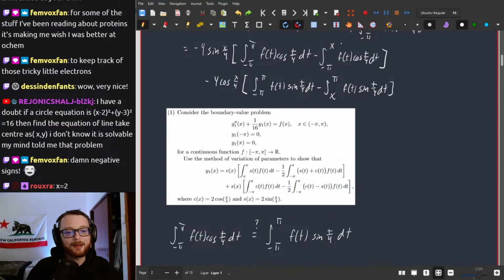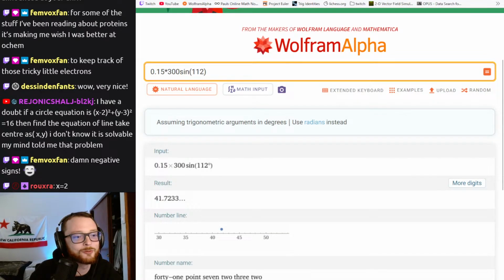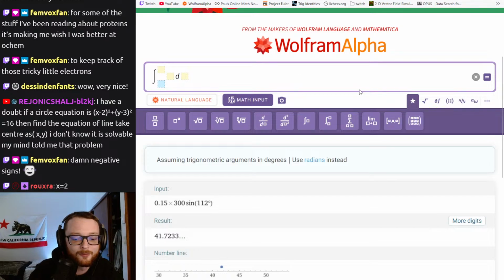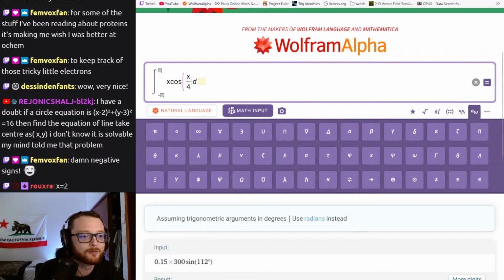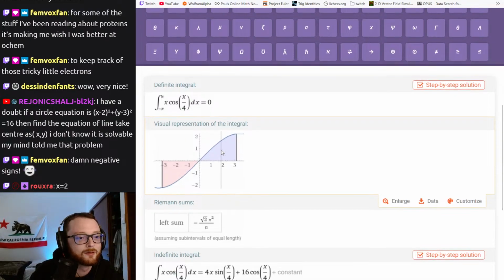Okay, you know what? I want to go to Wolfram Alpha. Is this even true? Am I trying to prove something that's false? Let's let f of x just equal x as a test case. Zero.